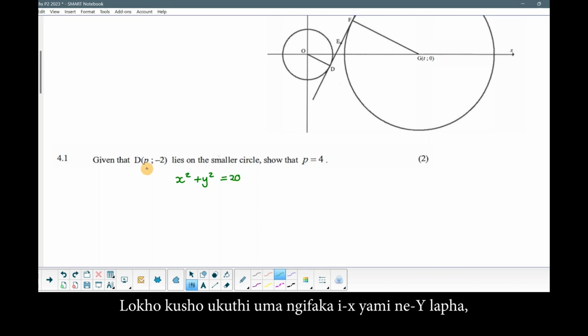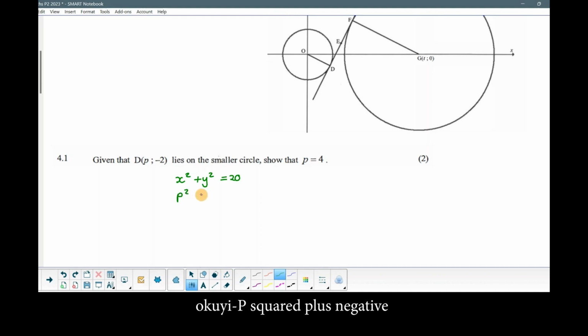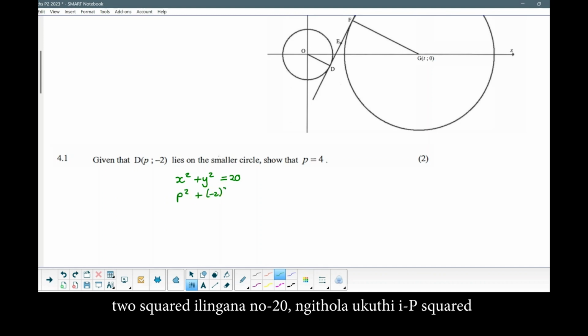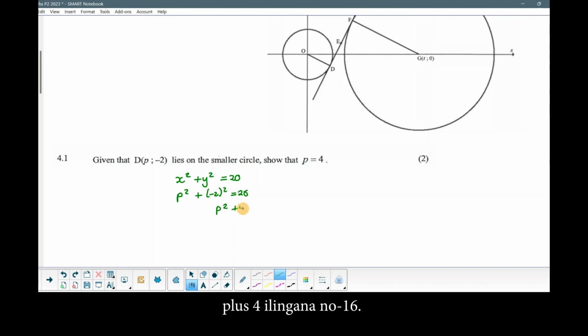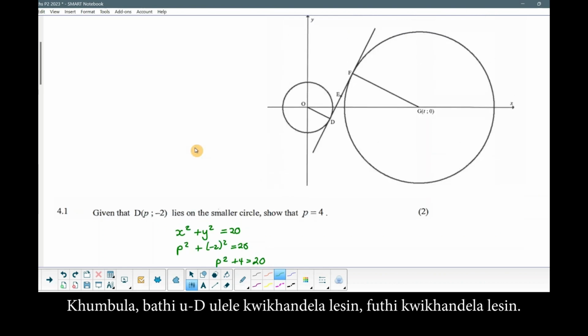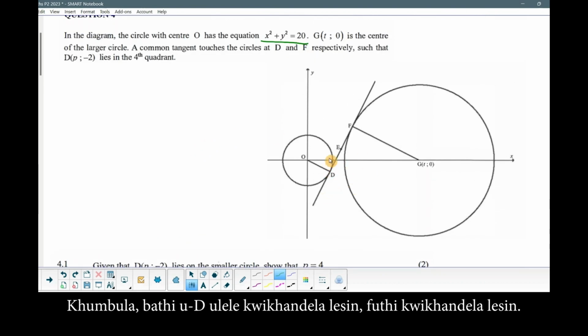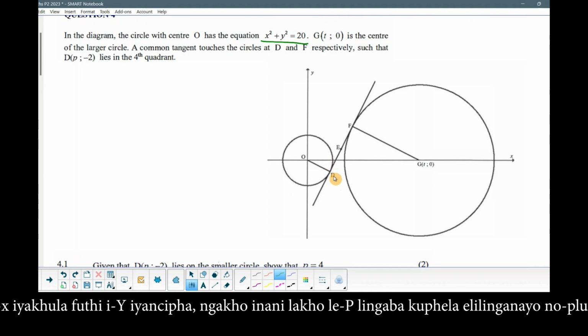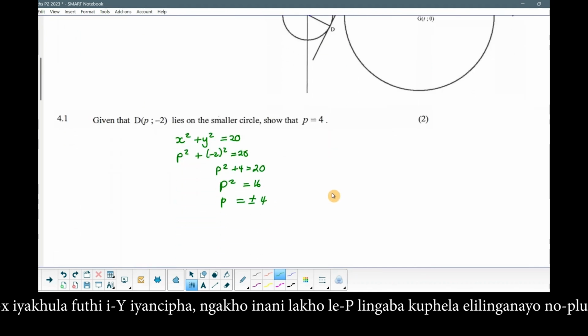If I substitute my x and y in here, p squared plus (-2) squared equal to 20, I get p squared plus 4 equal to 20. p squared is equal to 16, so p is equal to plus or minus 4. Now remember, they told us that D lies in quadrant 4. And in quadrant 4, x is positive and y is negative, so your p value can only be equal to positive 4.